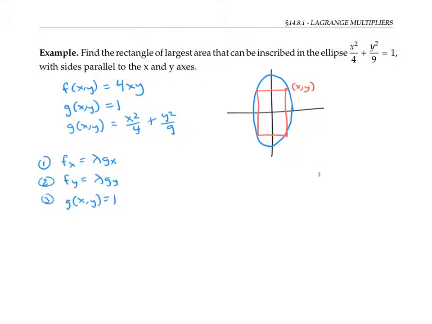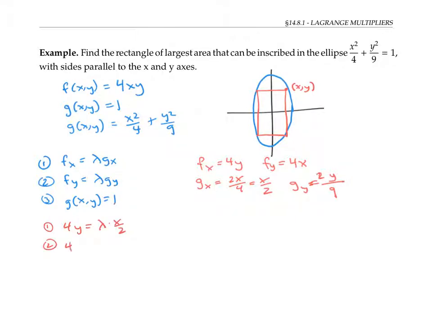So let's find f sub x, that's 4y, f sub y, that's 4x, g sub x, that's 2x over 4, or x over 2, and g sub y, which is 2y over 9. Our three equations are now 4y equals lambda times x over 2, 4x equals lambda times 2y over 9, and x squared over 4 plus y squared over 9 equals 1.